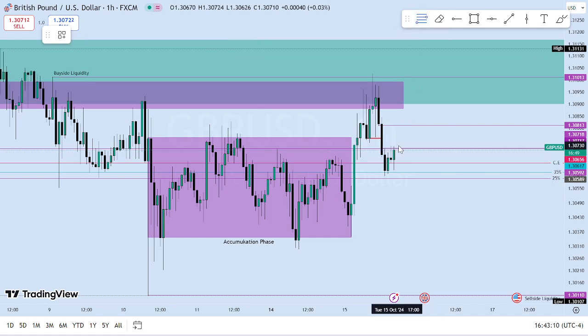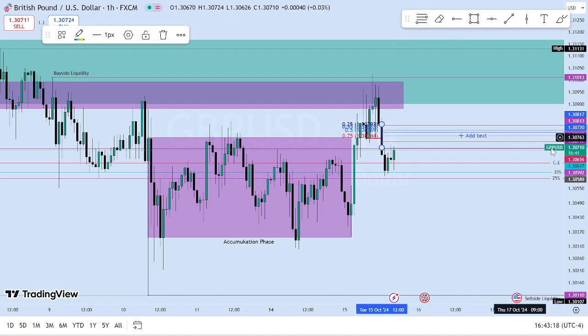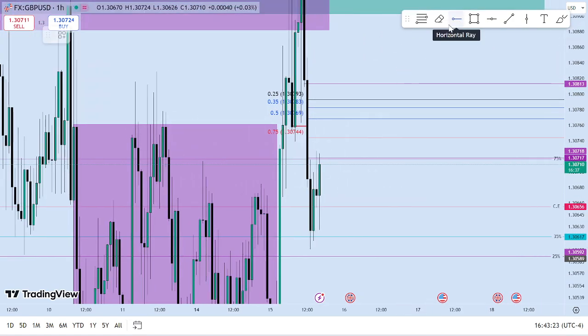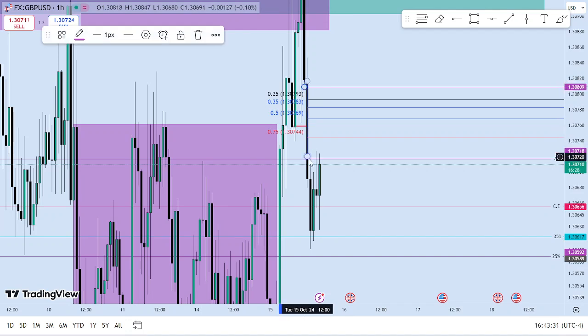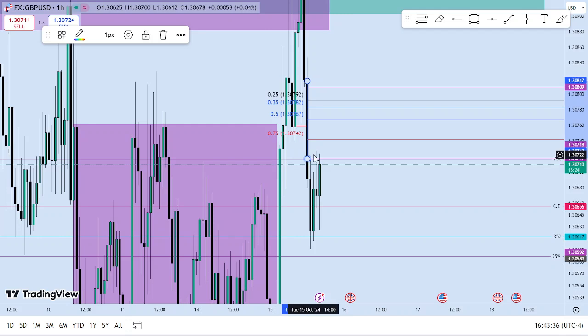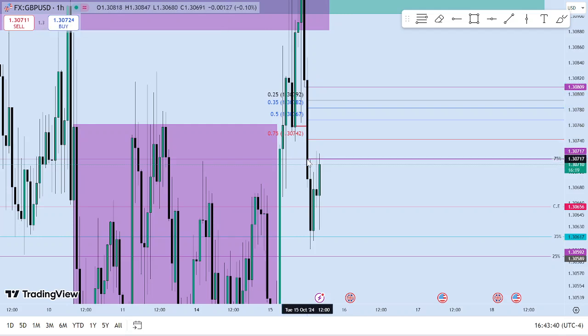How to measure: use your Fibonacci to get the 50%. Anchor from the low to the high. You pyramid. This is how you pyramid. Change this low and this high.